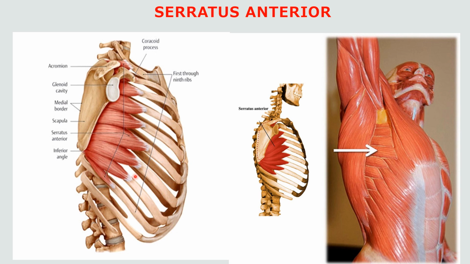The first digitation appears in the posterior triangle of the neck, that means here, and arises from the outer border of the first rib. So this is the first digitation.